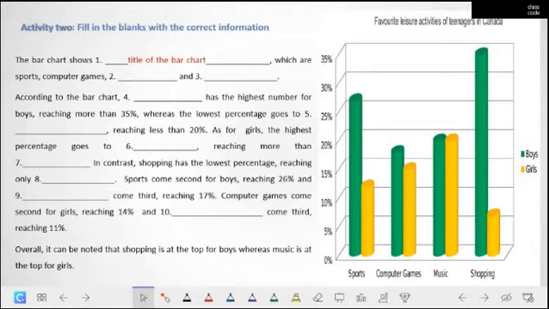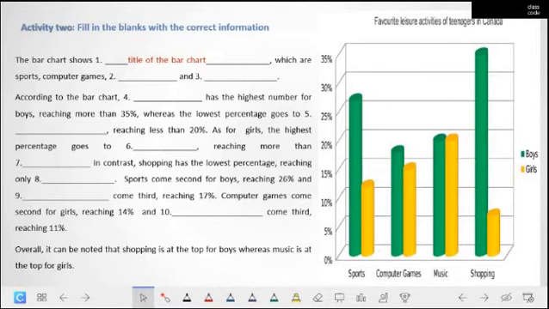I'll just go through some of the answers received by the students. So we have Faris Tariq. He says music, number 1. 2, shopping. 3, shopping as well. 4 is computer games.